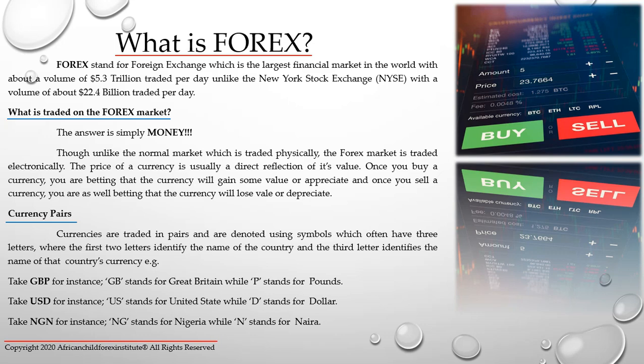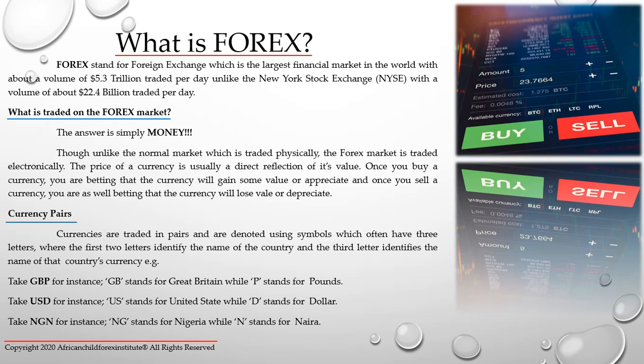Now, currency pairs. Like we said earlier, currencies are traded in the foreign exchange market, and we can differentiate currencies by the symbols they have. Every country in the world has its own currency. Let's say for London, we have GBP.